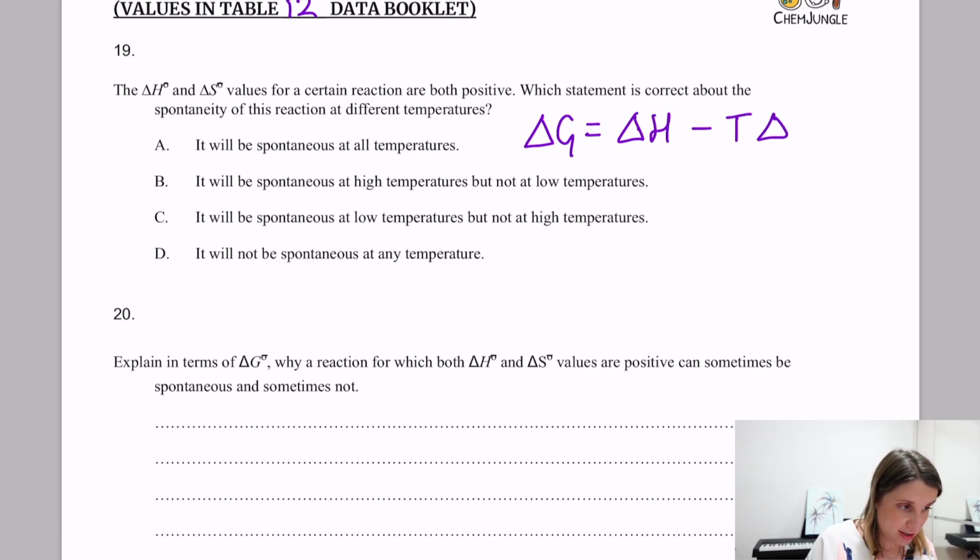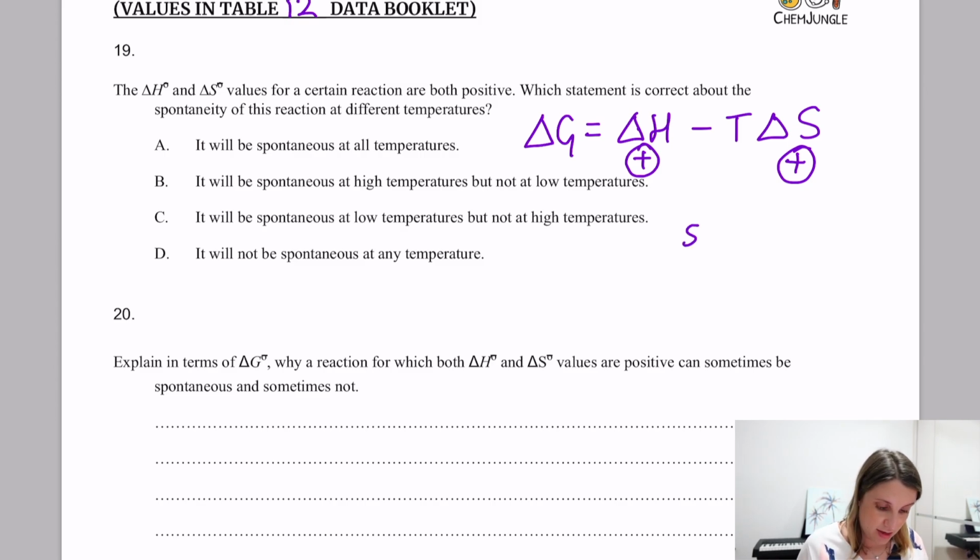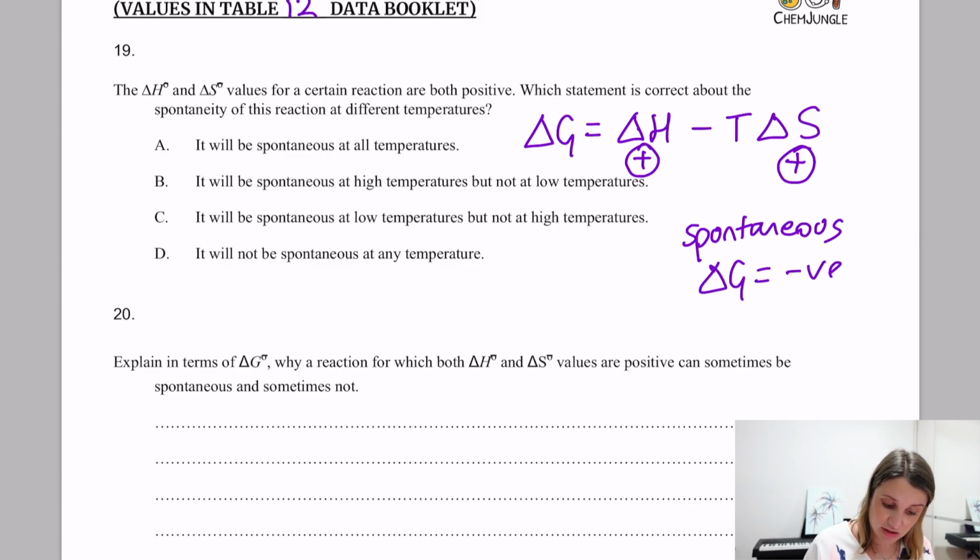So the equation is delta G equals delta H minus T delta S. If both of these are positive, then what's correct about the spontaneity? A fact you need to know is that for spontaneous reactions, the delta G will always be negative. So I need this to be negative overall.